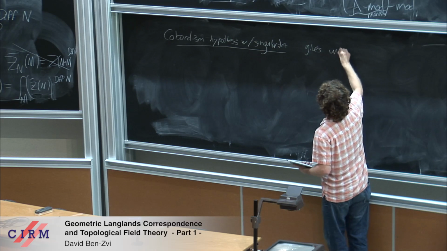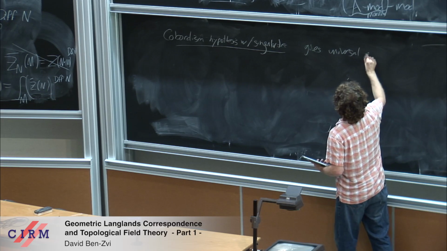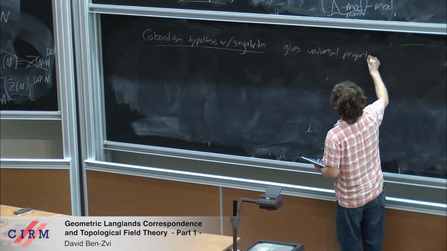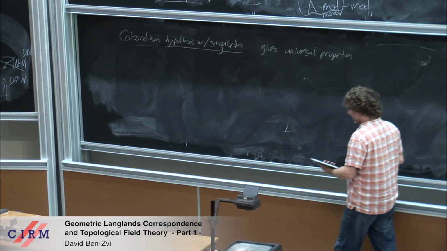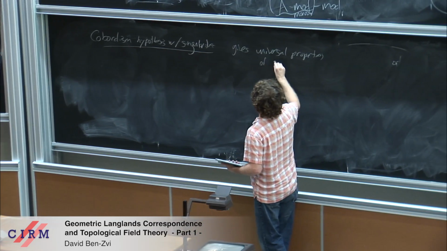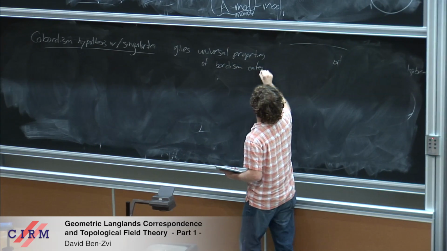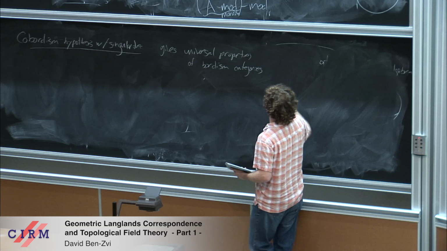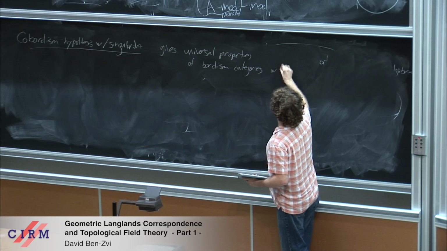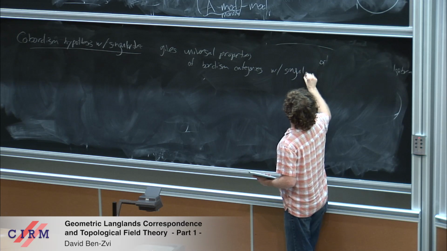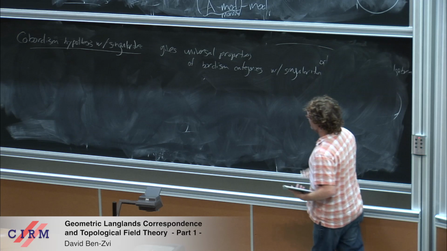But I want to say, the Cobordism hypothesis with singularities describes the universal properties of higher categories, of Bordism categories, of spaces with singularities, of stratified spaces, of spaces with prescribed singularities. And it's a very powerful generalization.